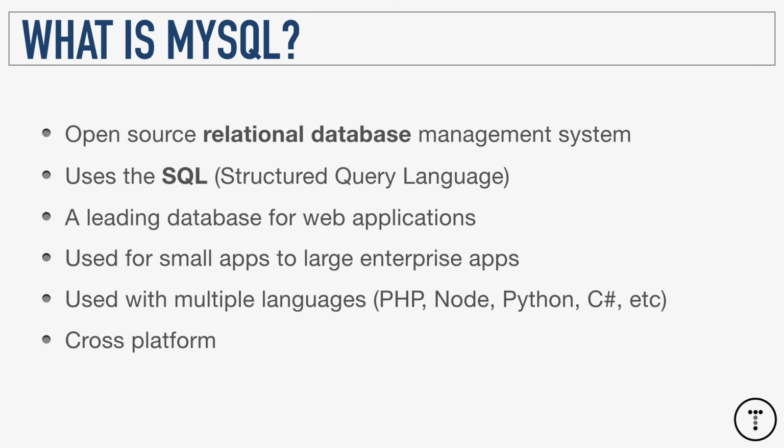It's not identical. There are some quirks in the syntax depending on which relational database you're using, but a lot of it is the same. So if you learn MySQL, chances are you'll be able to learn, let's take Microsoft SQL Server for example, very quickly. You'll just have to learn some of the differences in the syntax.